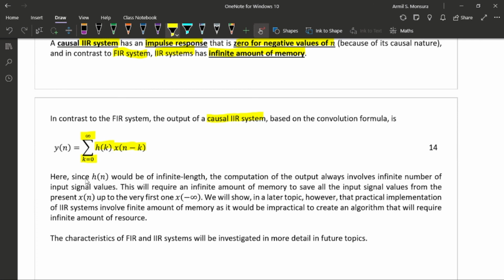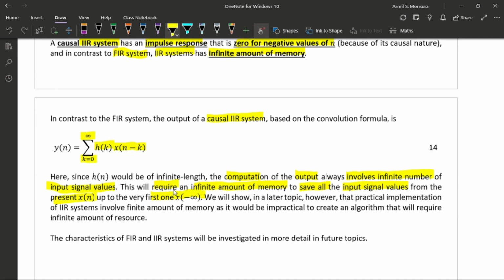Since h of n would be of infinite length, the computation of the output always involves an infinite number of input signal values. This will require an infinite amount of memory to save all the input signal values, from the present x of n up to the very first one, which is x of negative infinity.